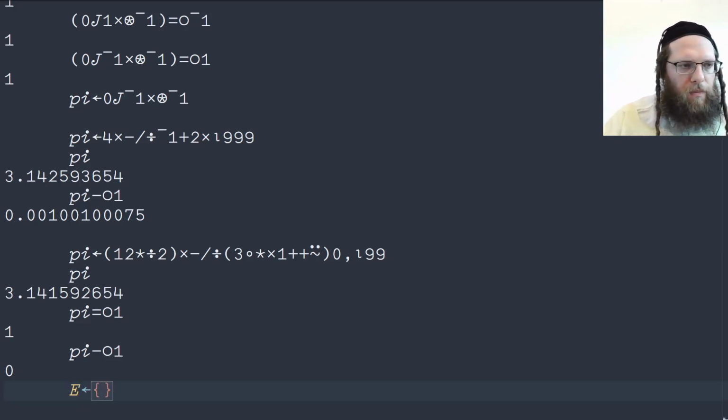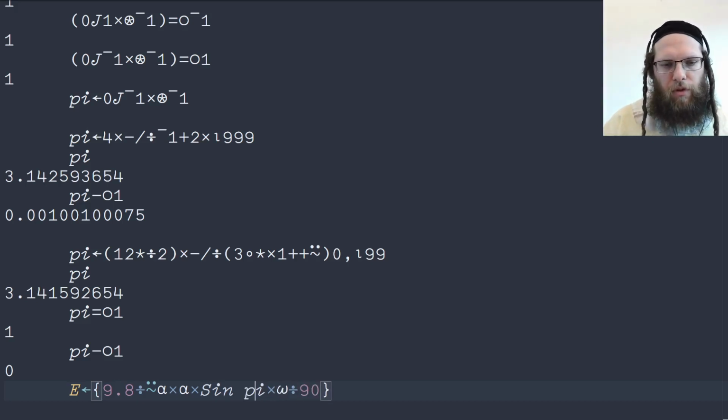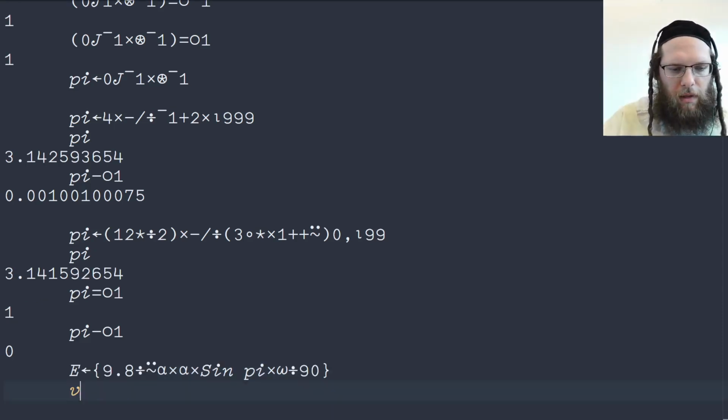So 9.8 divided by alpha times the sine of pi times the argument divided by 90. Of course, we could compute that constant of pi divided by 90, but it doesn't really matter. And then we can try.